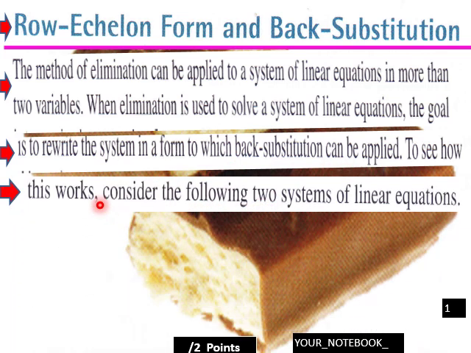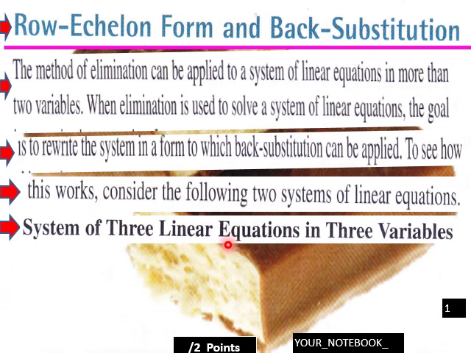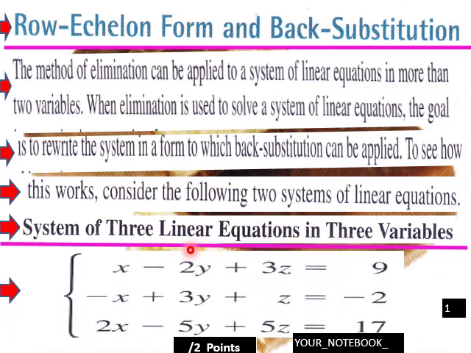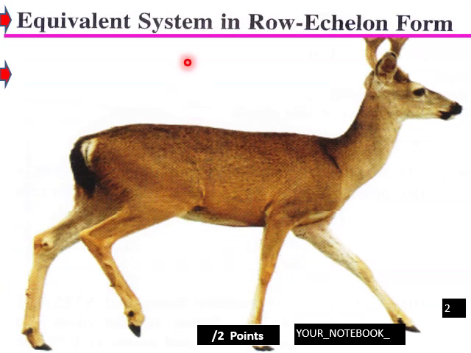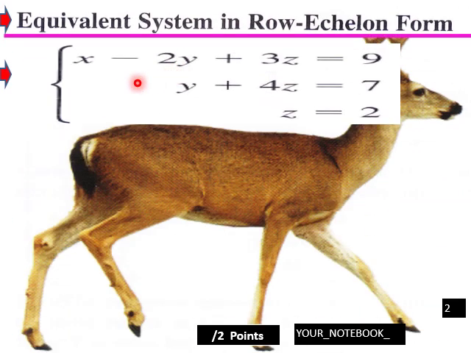To see how this works, consider the following two systems of linear equations. So systems of three linear equations in three variables. Our first system would be this one here: 3 variables, 3 equations. And then the equivalent system in row echelon form would be our second system here.